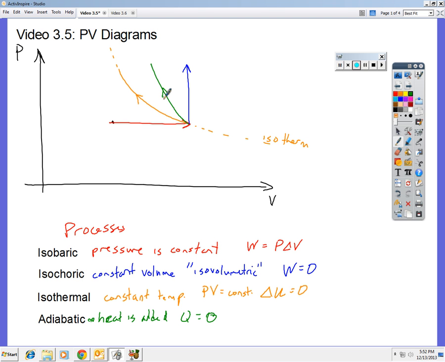So if you have two curved lines on a graph, and you're told one is an isotherm and one is an adiabat, the steeper one is the adiabat. We'll look a little bit more at why adiabatic is special in the next video. But you need to know these 4 special kinds of processes. You need to know how they're defined, how they look on the PV diagram, and the special mathematics for each one.